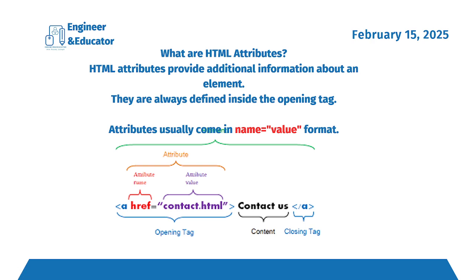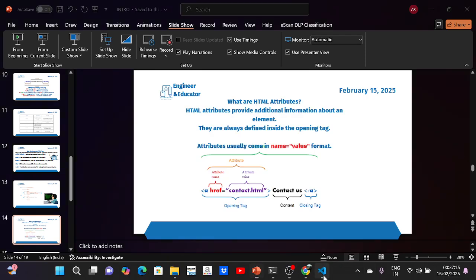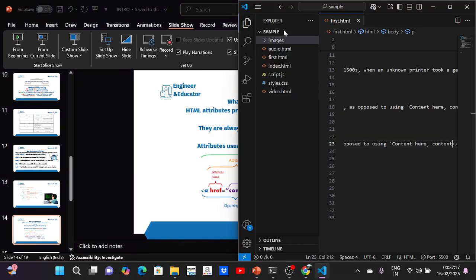I will create another HTML page and I will show you how it will take you to the href. href is equal to dot slash also we will keep. Here we will just create another HTML file.